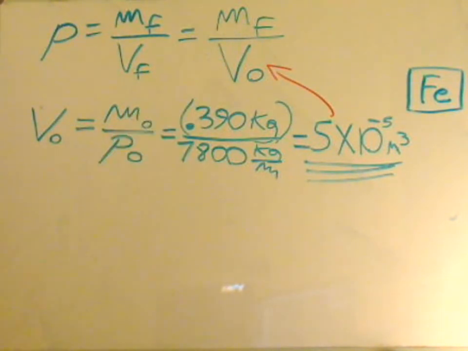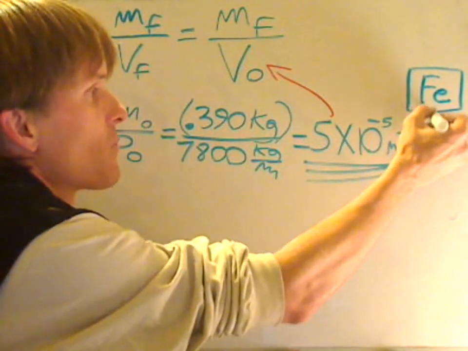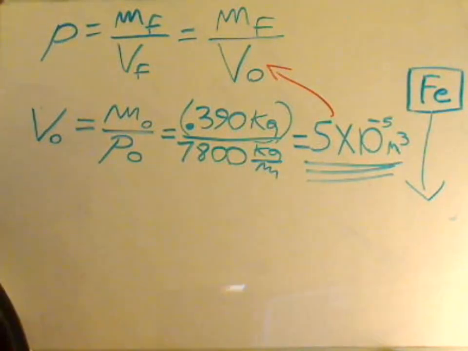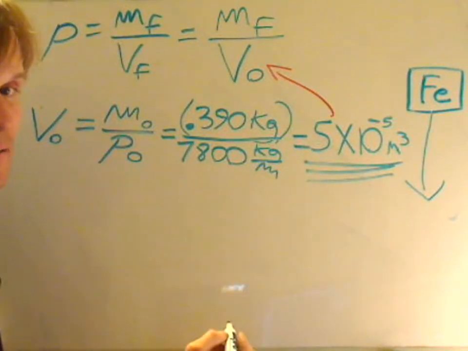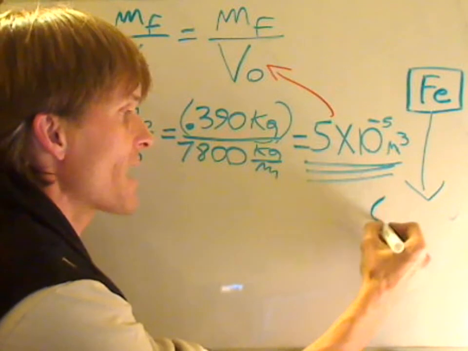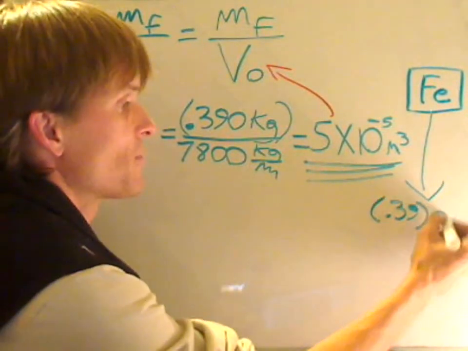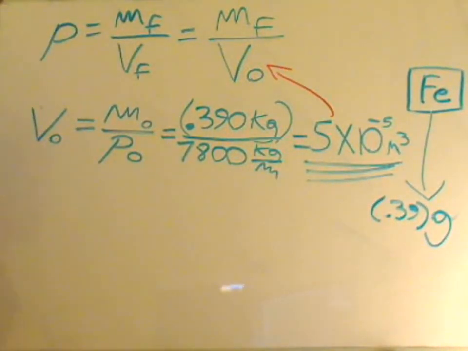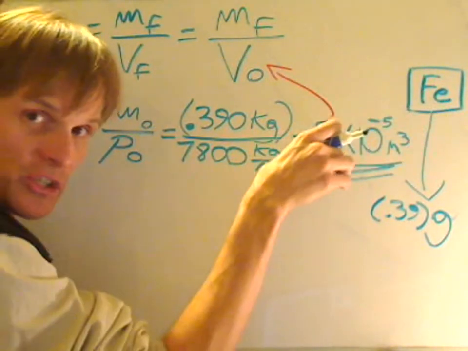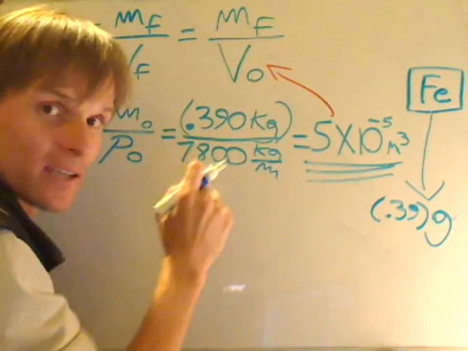So that's step one of our problem. Step two, we need to figure out the mass of fluid displaced. And that's where Archimedes' principle comes in. Remember, we can calculate the buoyant force in two different ways. The first is by considering the dynamics of the situation. We have the weight of our object, a force pulling down, equal to its mass times the acceleration due to gravity. So its mass is 0.39 kilograms, multiplied by g, and that's our downward force. Presumably this iron chunk is suspended in the fluid by whatever scale we're using to measure it.